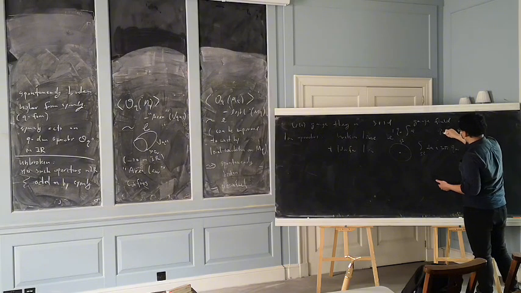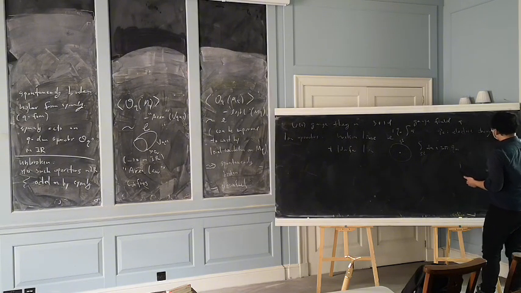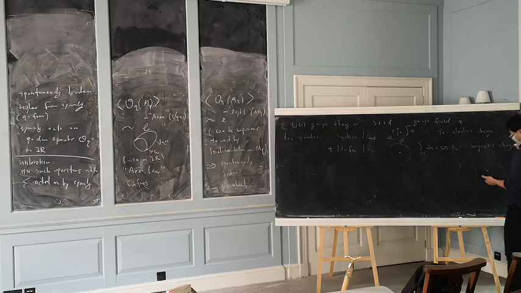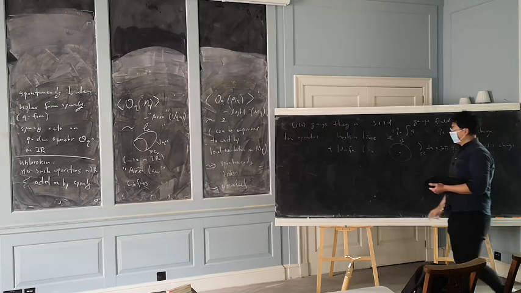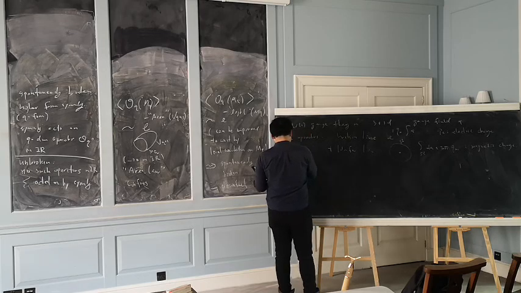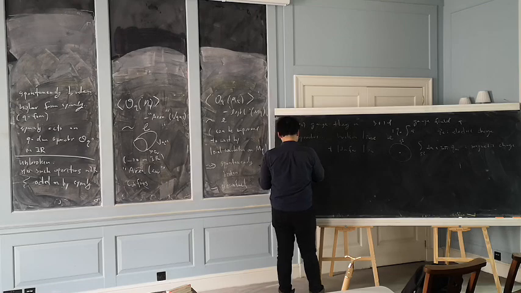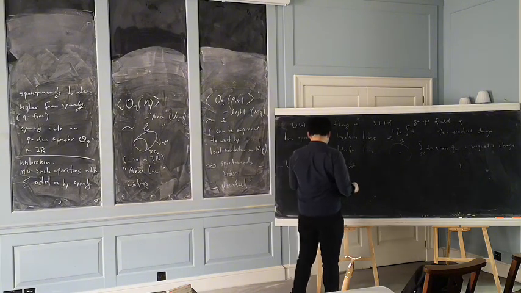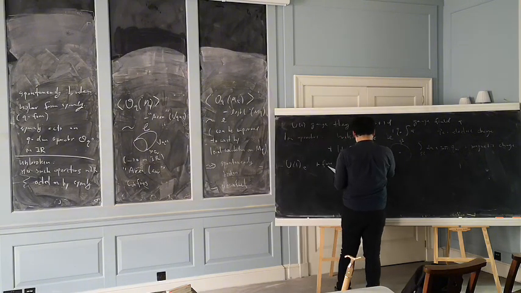So Q_E is the electric charge, and Q_M is the magnetic charge. And correspondingly, there are two U(1) one-form symmetries that act on those line operators. So there's a U(1) electric one-form symmetry, and the U(1) electric one-form symmetry has a current.